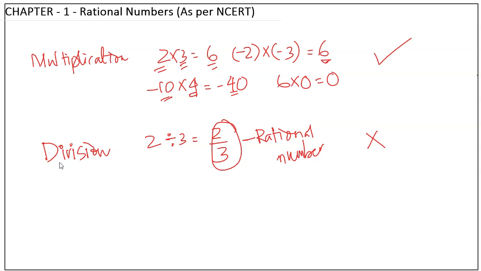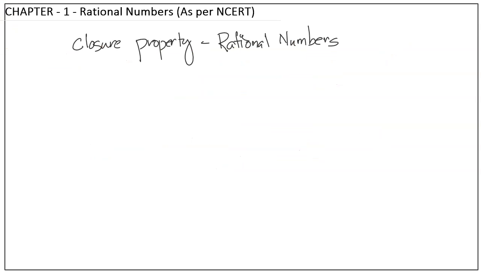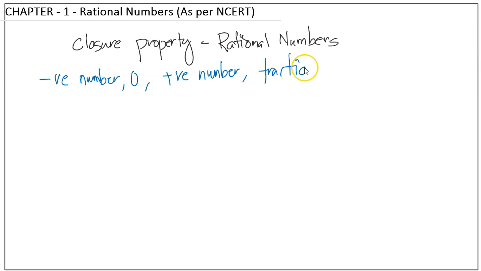And the last case is our rational numbers. So what are rational numbers? We know rational numbers include positive numbers, negative numbers, zeros, and also the numbers in the form of fractions. So all numbers will be here with the rational numbers, like we'll have negative numbers, zero, positive numbers, and fractions also.